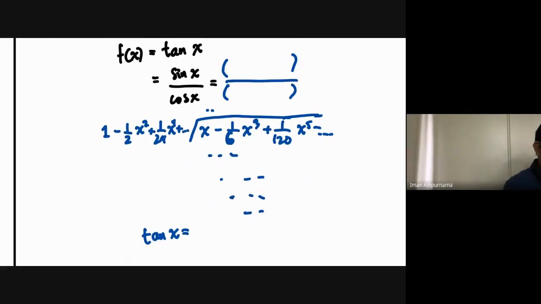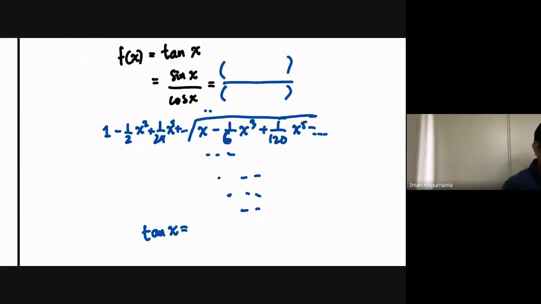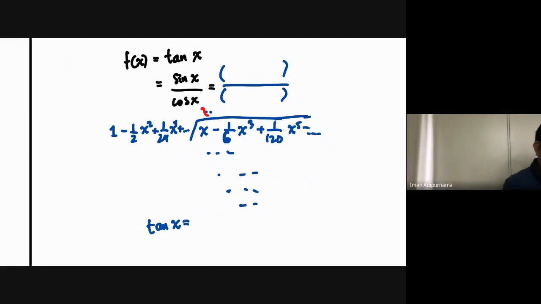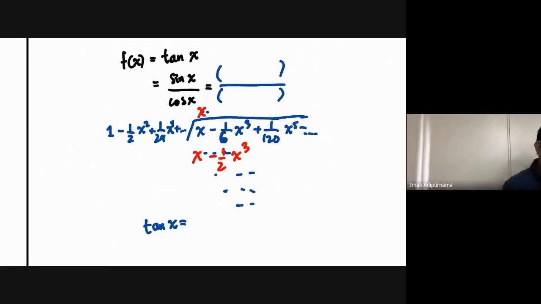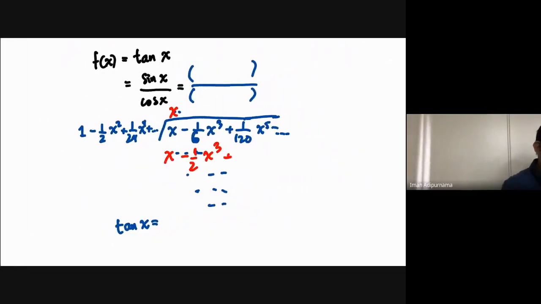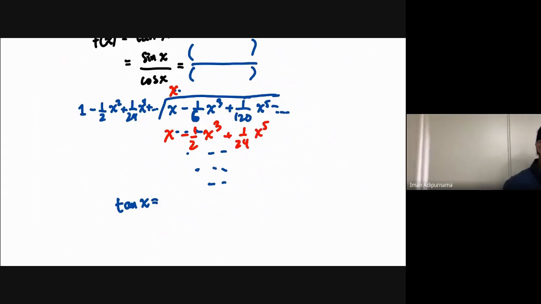So maybe to help you see the pattern, let's start from x, and it becomes x, and it becomes x cubed, and it becomes plus x to the 5th, okay?